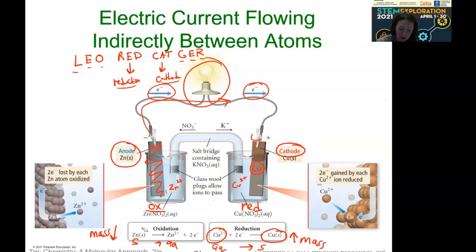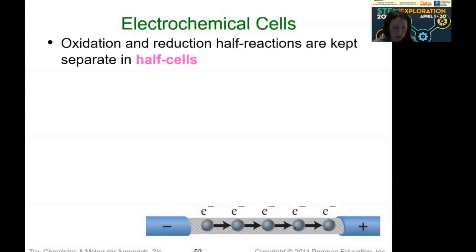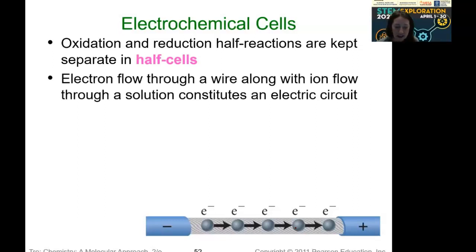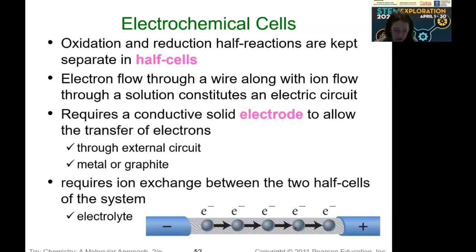And remember at the very beginning when we balanced our oxidation reduction reactions, we separated the oxidation reaction from the reduction reaction. Here we are applying that exact same thing. So for our electrochemical cells, our half cells, the electrons flow through a wire with an ion through a solution, and that's what creates our electric circuit.